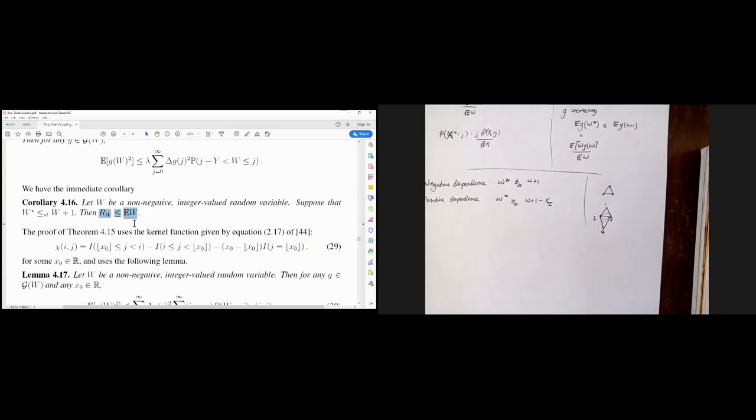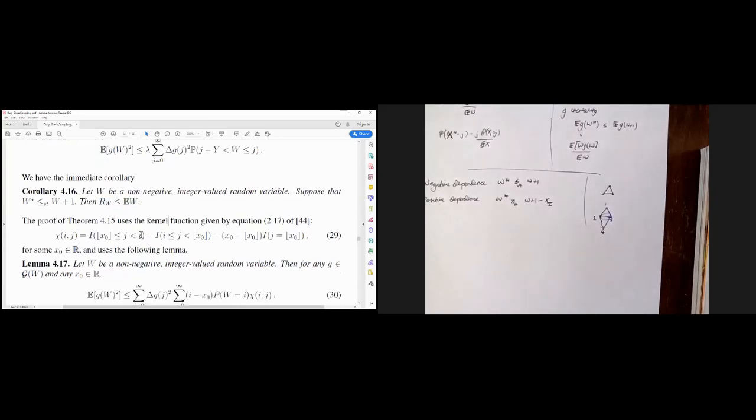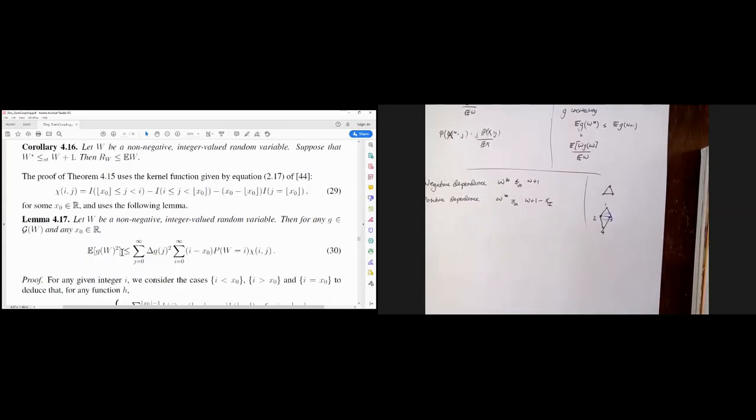And this gives us an explicit comparison between W and a Poisson, because I know equality holds here if my W happened to be Poisson, because in that case my Poincare constant is lambda. So where do I use my monotonicity here? One of the terms in my Poincare constant was this expectation of g of W squared.